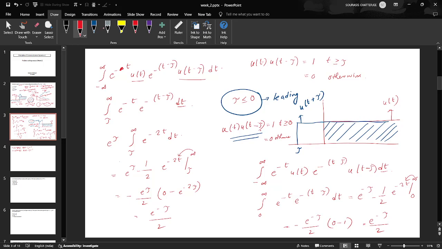So I hope I was able to make you understand what I did wrong here. This will remain u(t minus tau) only, but the only thing is tau is negative itself, so it will start from here. So everything will be the same as before. It will be t minus tau, which should be positive here.